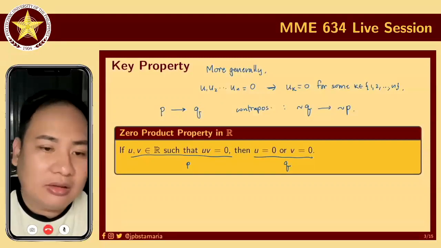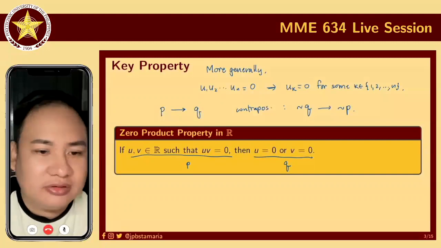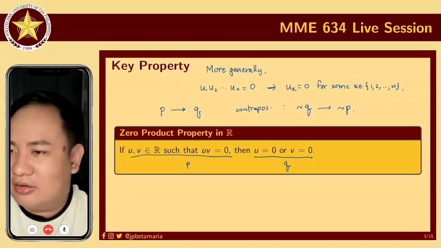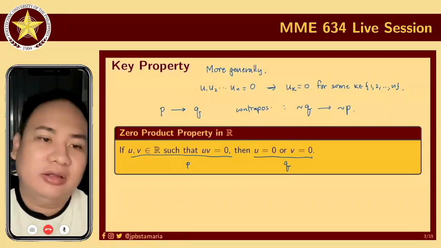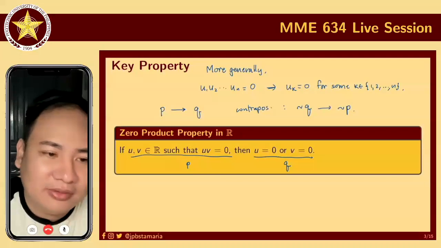Halimbawa, ang statement, for example, if it rains, then ano ba magandang consequence? Halimbawa, if it rains, then I will wash my car. For example.